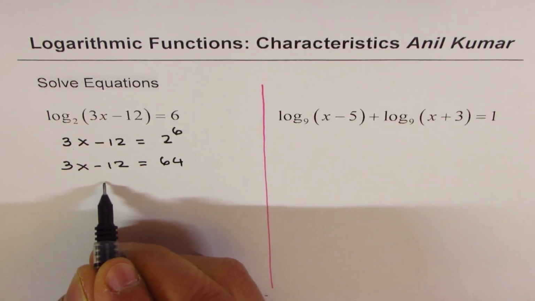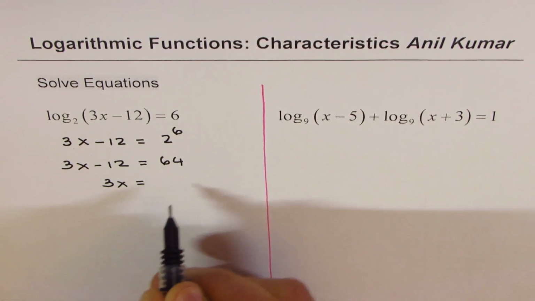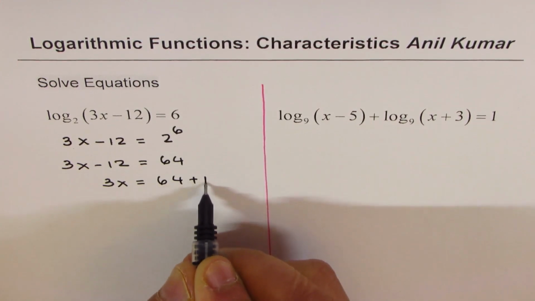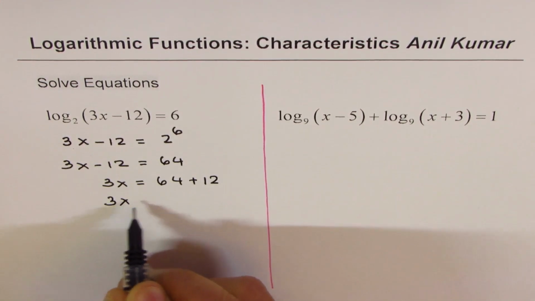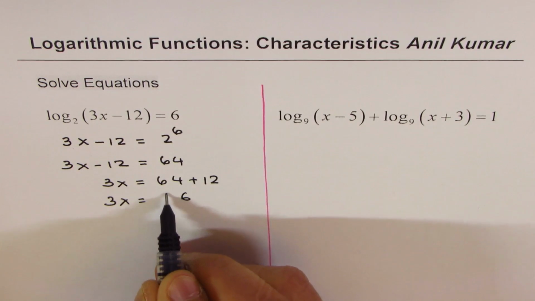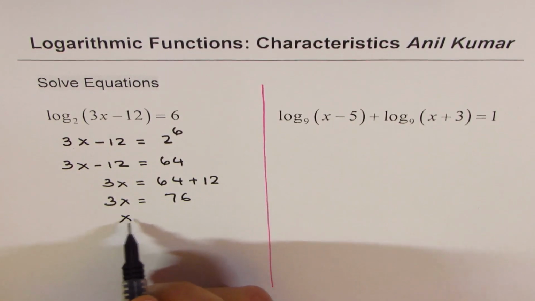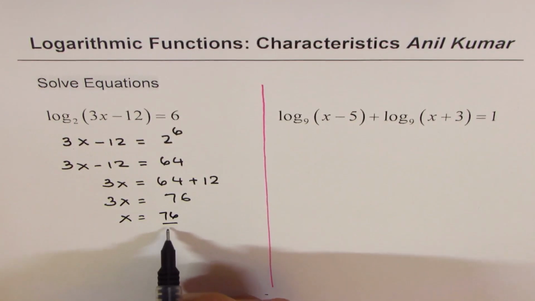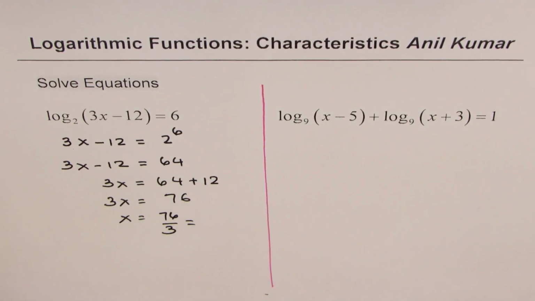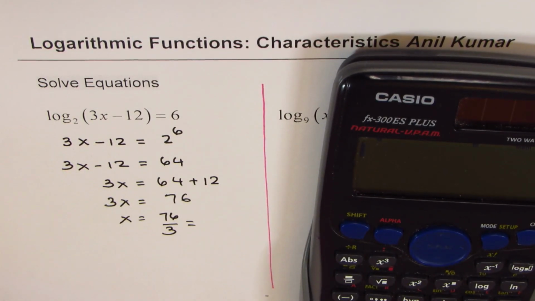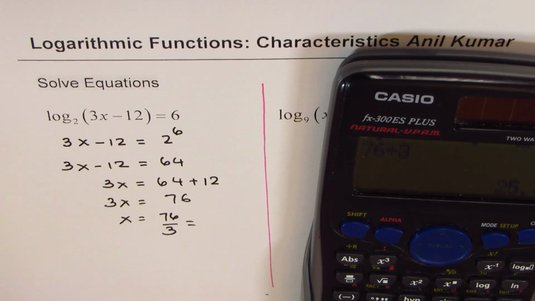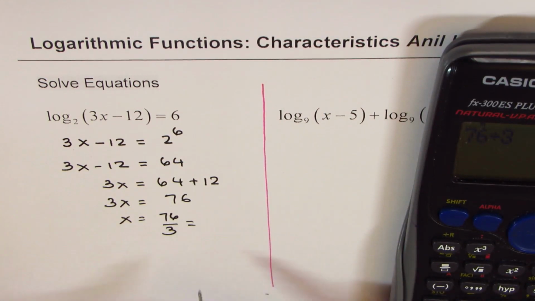Taking the terms together, we have 3x equals 64 plus 12. So 3x is equal to 76, and x is equal to 76 over 3. 76 divided by 3 gives us, in decimals, about 25.3. So that is good enough, right?